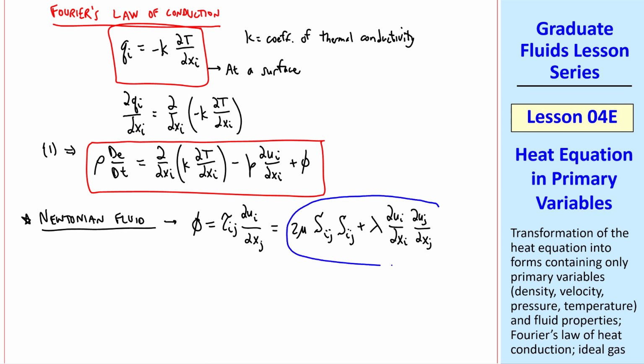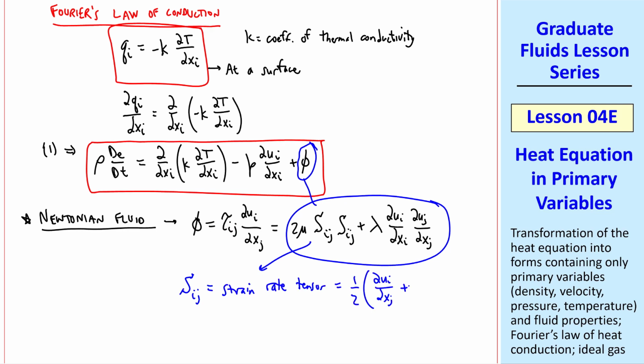So we'll plug this grouping of terms in place of phi. We note that this is in terms of primary variables because Sij is the strain rate tensor, which is 1/2 (∂ui/∂xj plus ∂uj/∂xi). Everything here is now in terms of primary variables and fluid properties.